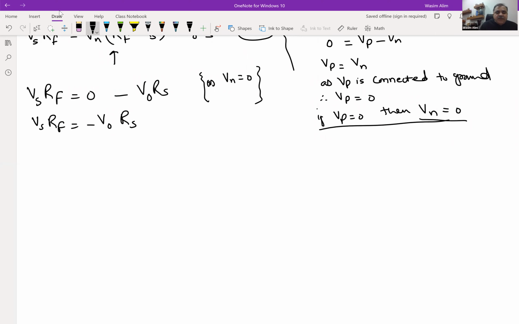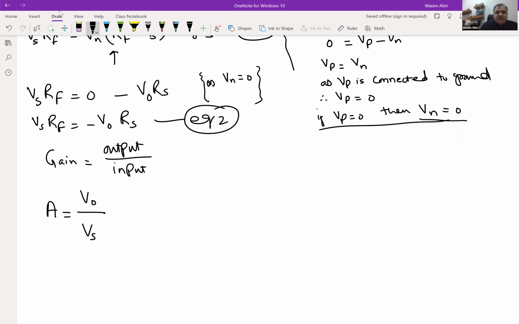As I mentioned earlier, the gain, let's write it like this, is equal to output over input, just to make sense out of it, right? So the gain is represented by A, the output is represented by Vo, and the input is represented by Vs. Let's call it equation number 2.